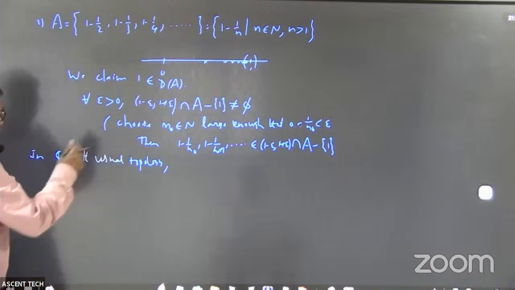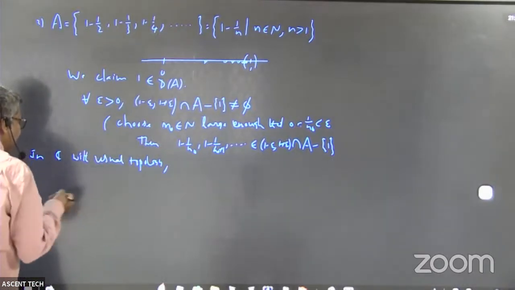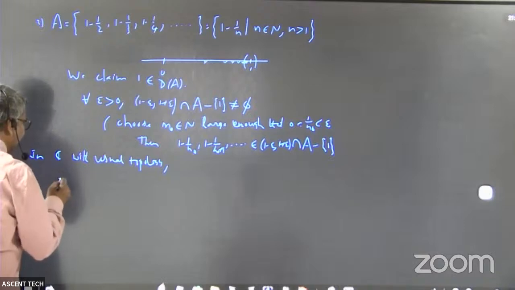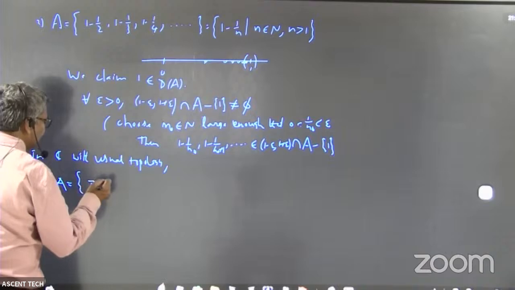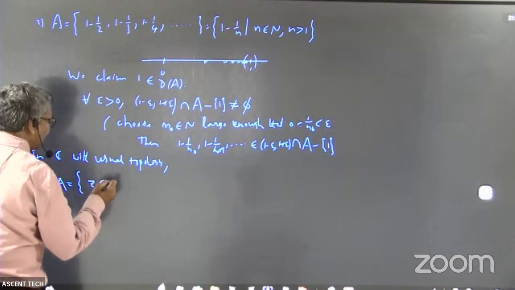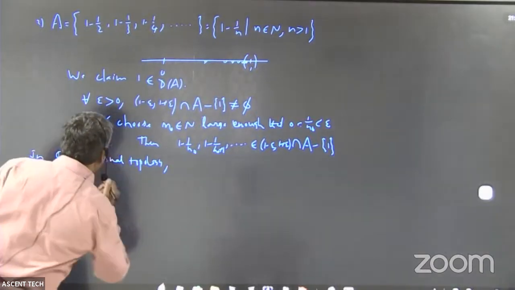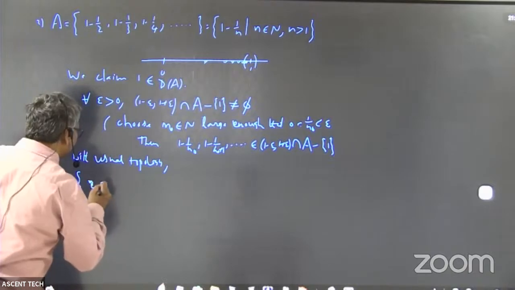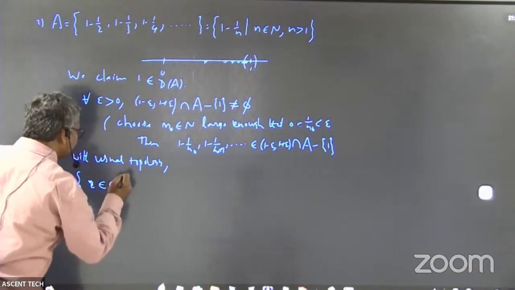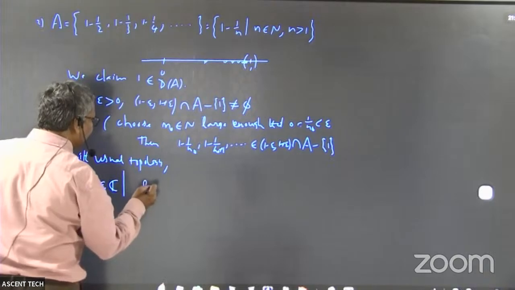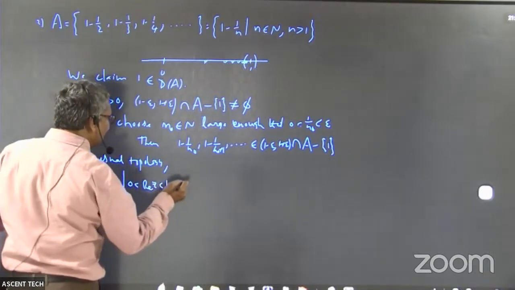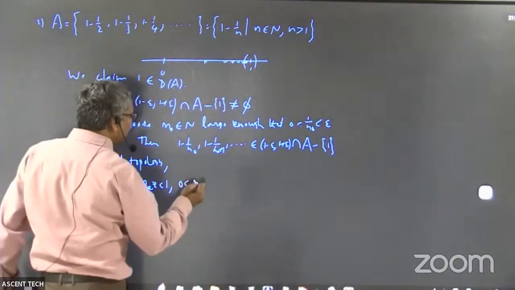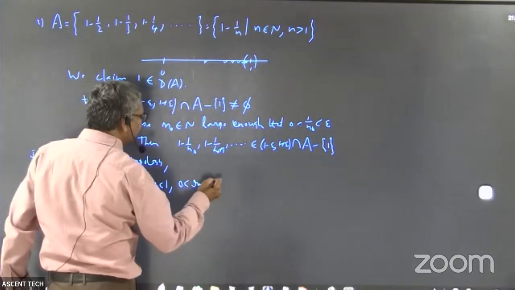In C, I want to create another example. Here, I take the set A of all complex numbers Z in C such that the real part of Z is more than 0 and less than 1, and the imaginary part of Z is also more than 0 and less than 1.